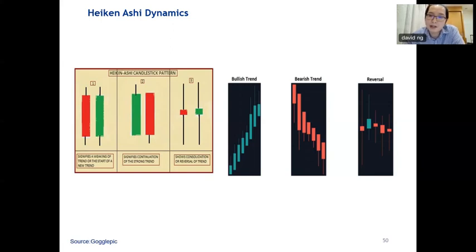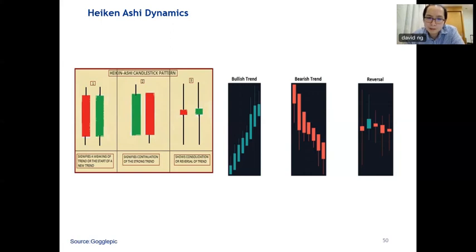As long as it's a green candle, that tells you generally the market is in an uptrend. A red candle tells you the market is in a downtrend. If you have a series of short red and green candles, that tells you the market is actually sideways. If the trend is going into a sideways market, that is the time where you need to be careful. So it's just 3 simple steps.